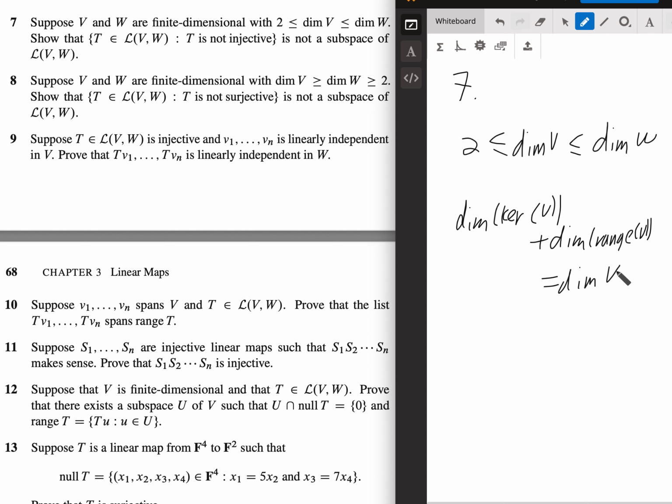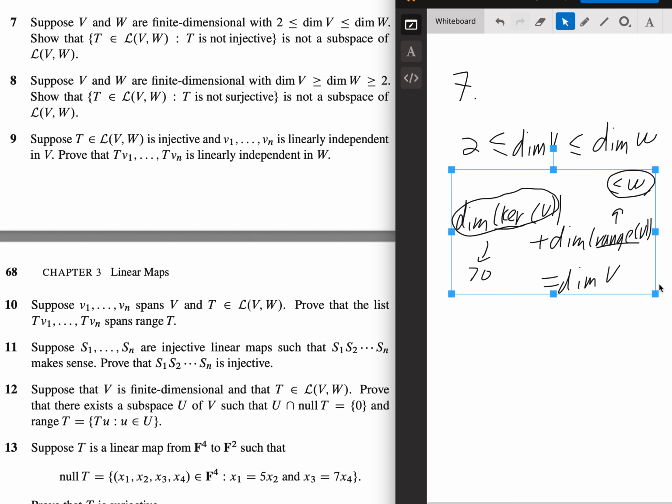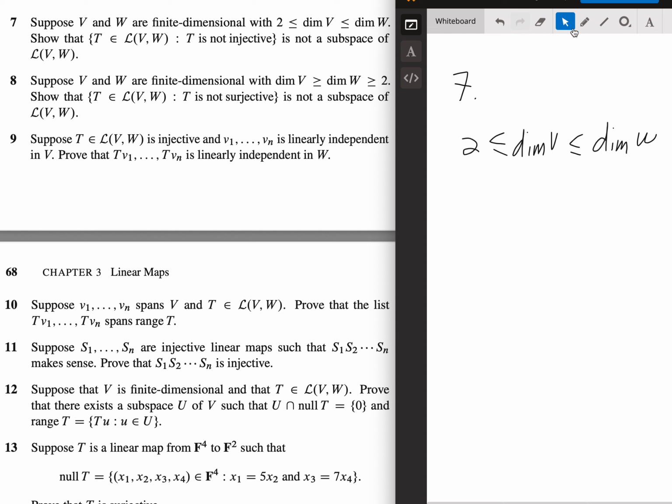And since the dimension of the range is not greater than that of W, and W is less than V, the kernel has dimension greater than 0, and that implies it's not injective. So to make sure that the entire space isn't just filled with injective functions, they impose this requirement. And a similar situation is this: if you only have one dimension, then there's not really much injectivity you need to worry about.